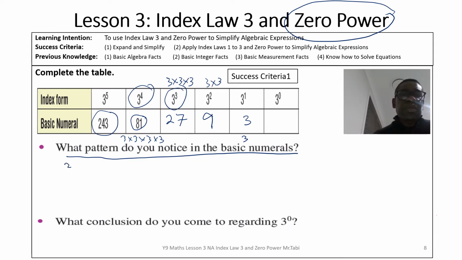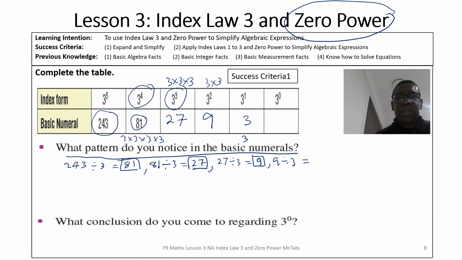Well, 243 divided by 3 gives me 81. 81 divided by 3 gives me 27. 27 divided by 3 gives me 9. 9 divided by 3 gives me 3.